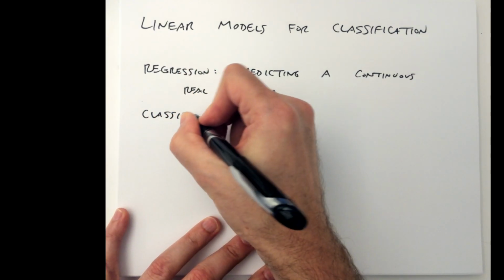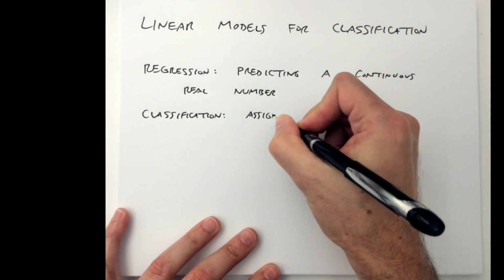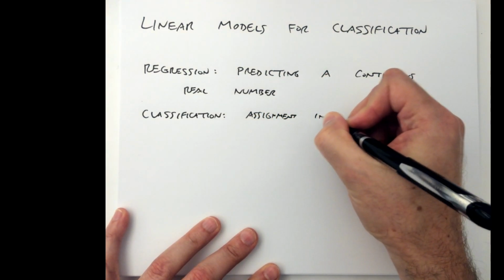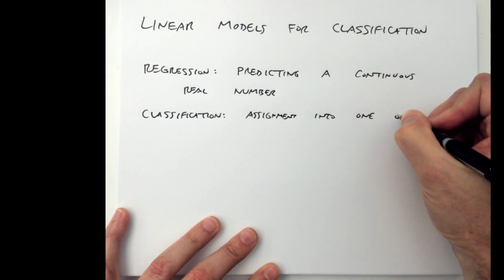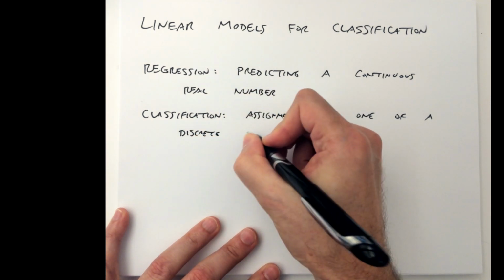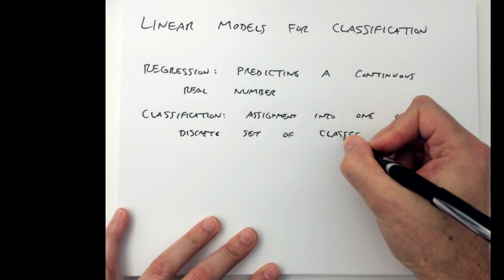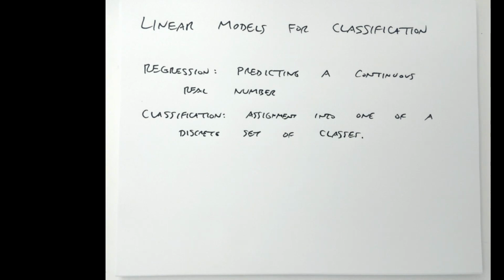Classification is assignment into one of a discrete set of classes, right? So these classes could be like cats versus dogs, or qualifies for a mortgage or doesn't qualify for a mortgage, or engineering student, science student, arts student, humanities student, right?